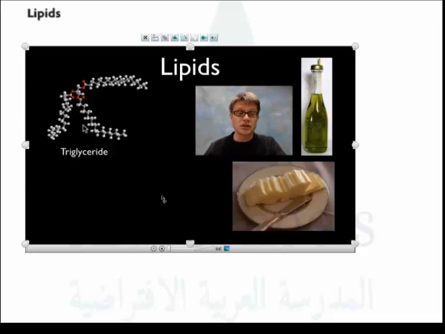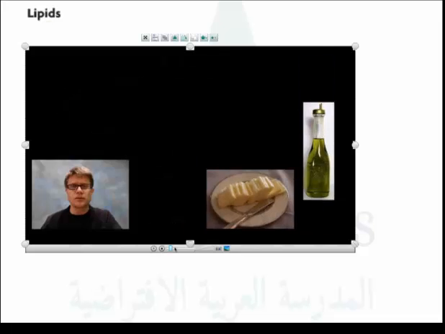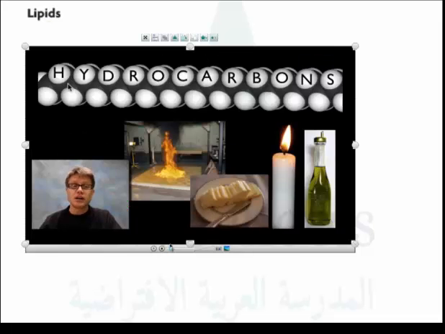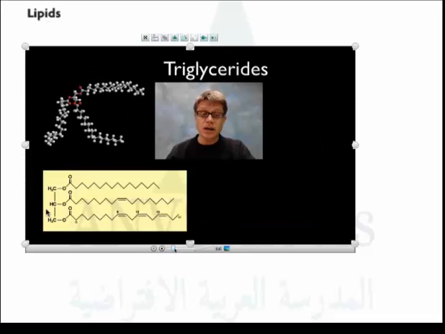So we have examples of triglyceride, and then we have cholesterol, which is very important. These are also referred to as hydrocarbons. They store a lot of energy, and that is why they are able to burn to produce this energy.